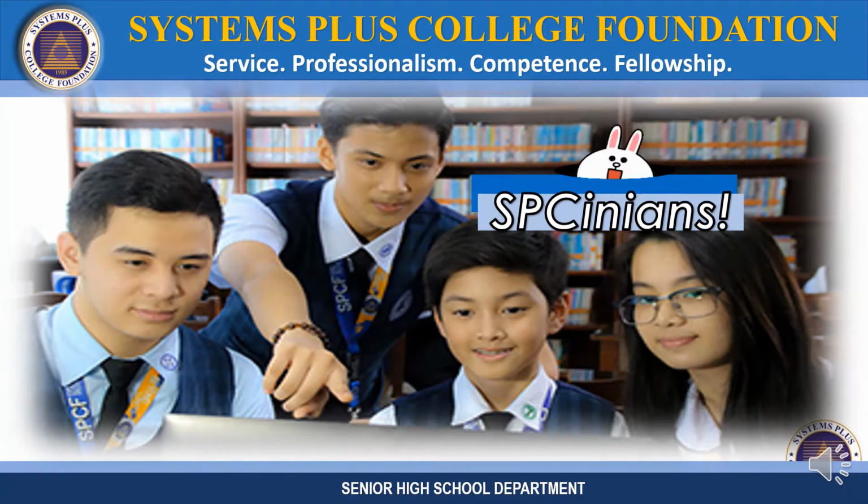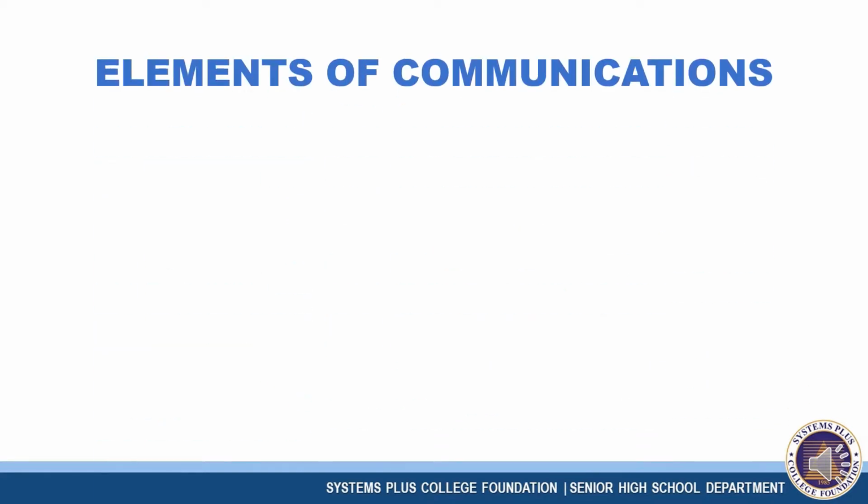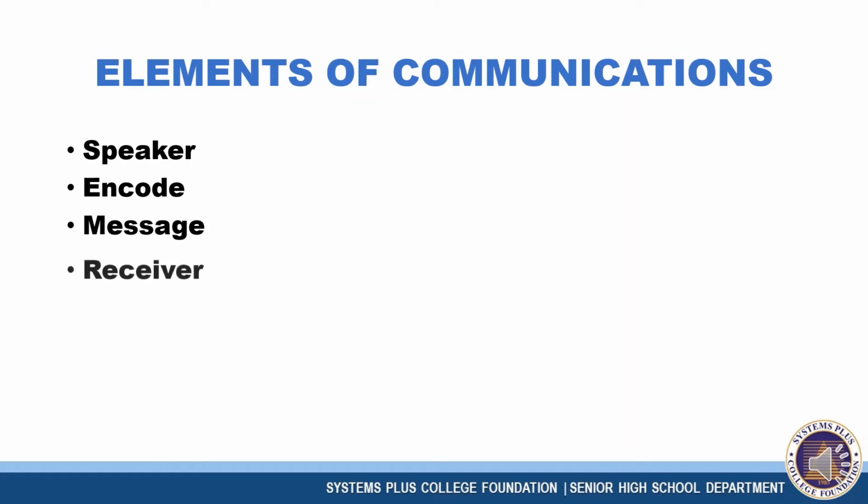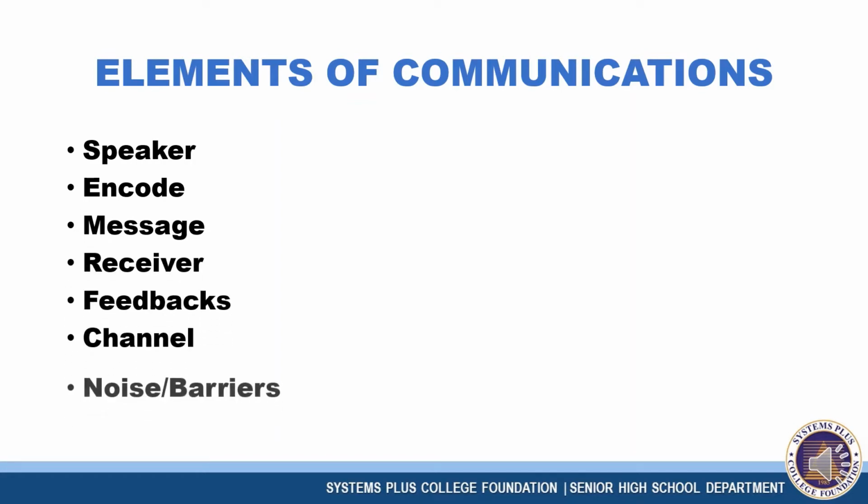But before we proceed, let us review what we have discussed from lesson 1. We discussed the definition of communication. That also includes the 7 elements of communication, and these are the speaker, encoder, message, receiver, feedback, channel, noise, or barriers.